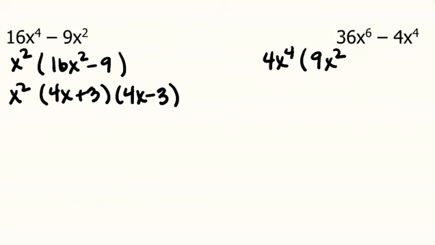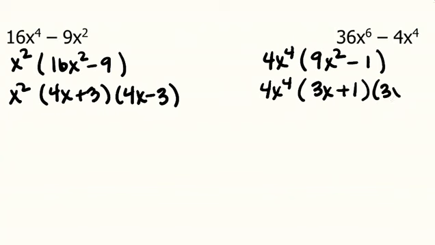And then 4x to the 4 minus 1: I would need to multiply 4x to the 4 by a negative 1 to get negative 4x to the 4. Then 9x squared minus 1. 9x squared is a square, 1 is a square. 9x squared is the square of 3x, 1 is the square of 1. So we get 3x plus 1 and 3x minus 1.